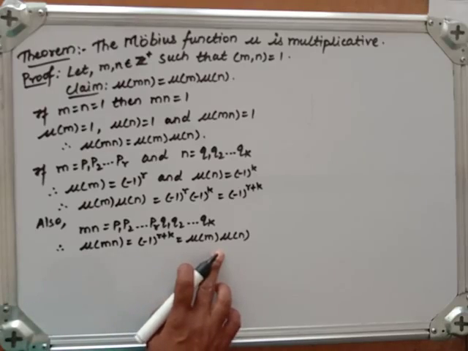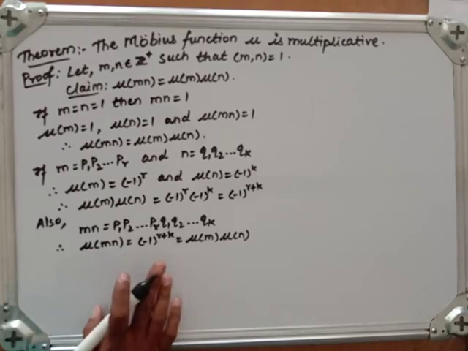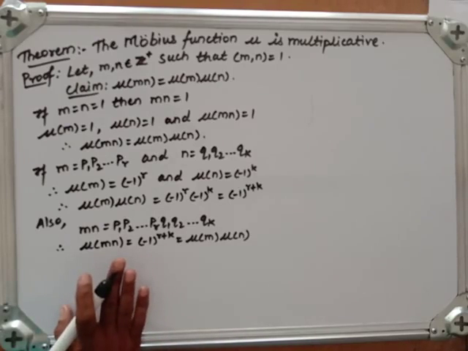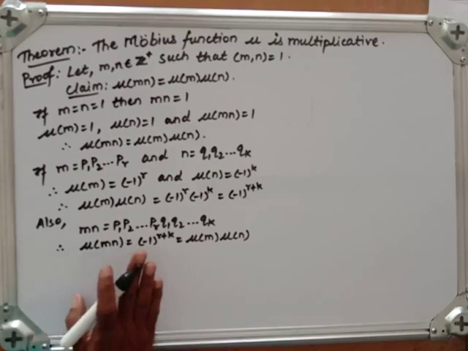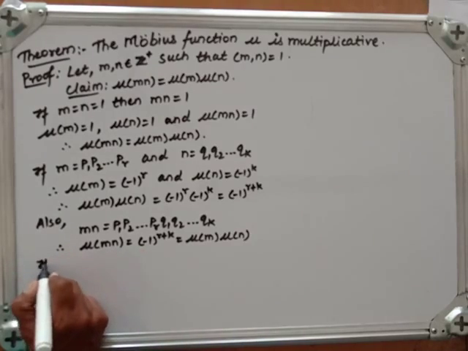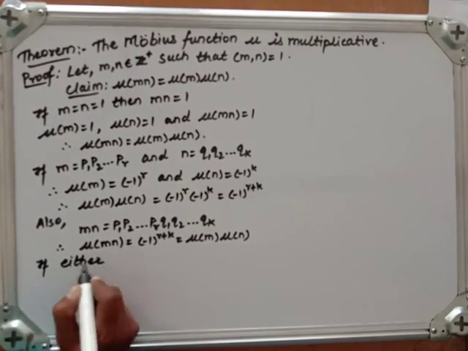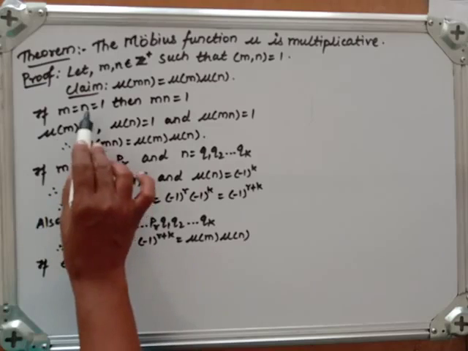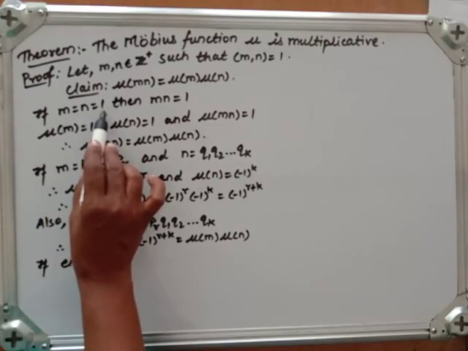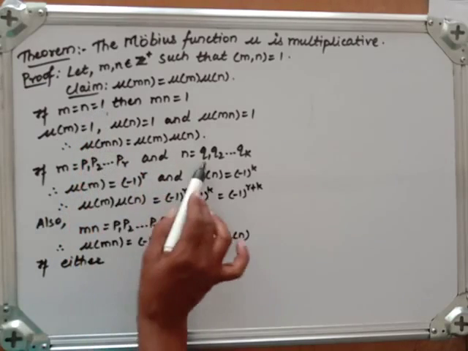Now the question is left for what? If M and N are divisible by a prime square. From the definition of the Mobius function, for one we had checked, for prime factorization we had checked.